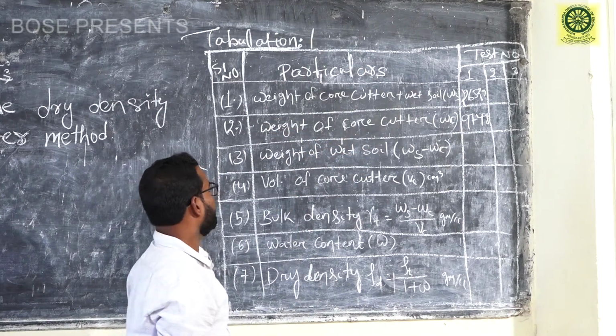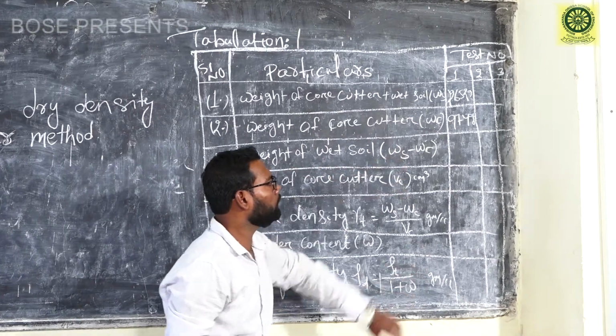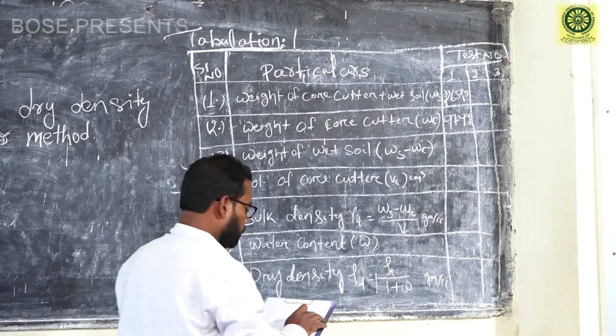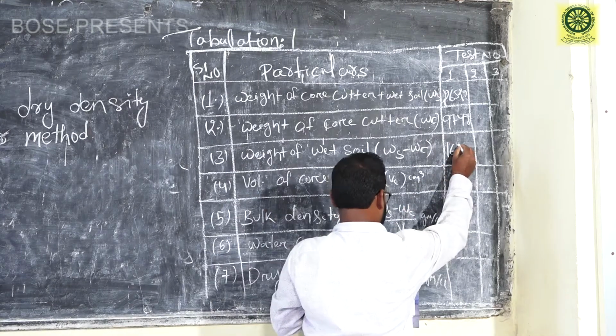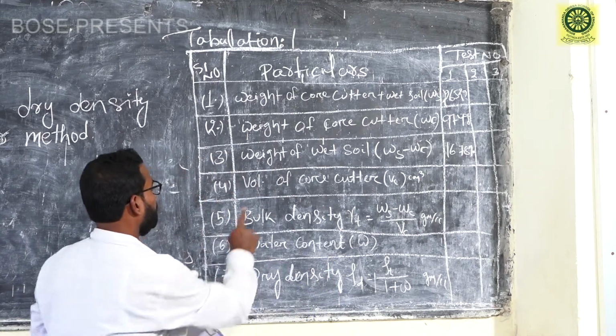From this we can calculate the weight of soil, that is Ws minus Wc, which is 1678 gram.